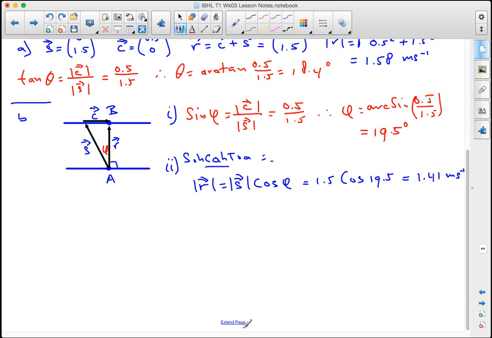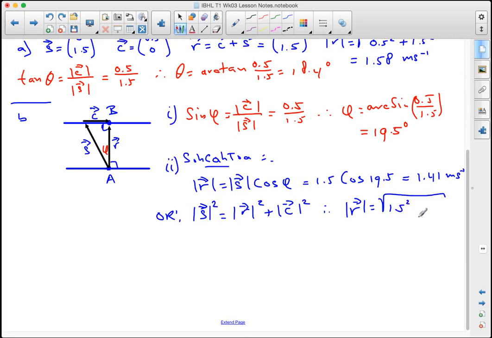Now, of course, you can use Pythagoras here as well, because we have that triangle. It's just that the right angle is there, and what you're after is one of the shorter sides. So we could write that, so this is a big OR, the length of S squared is the length of R squared plus the length of C squared, which means that the length of R is going to be the root of 1.5 squared, take away 0.5 squared, which is the root of 2.